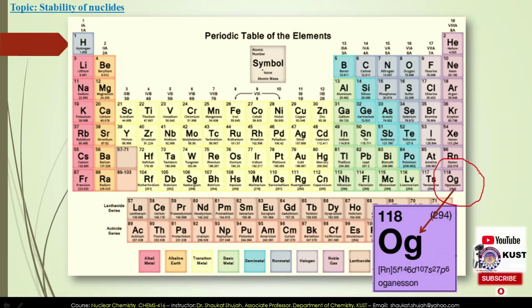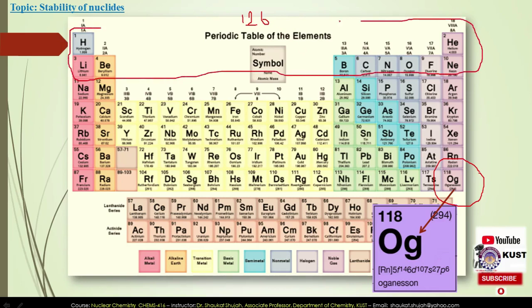For example, 126 nuclides have been discovered for the first 10 elements, starting from hydrogen up to neon. And 159 isotopes are reported for elements beyond atomic number 99.